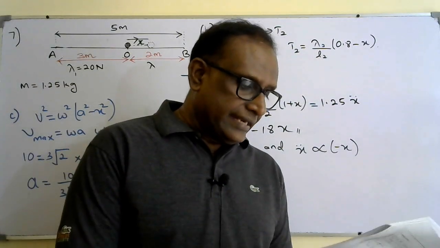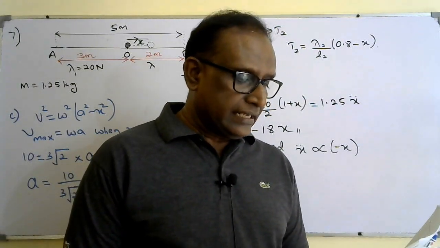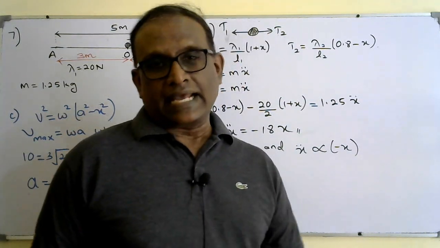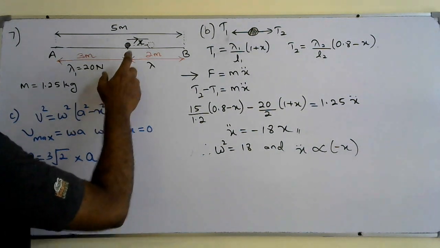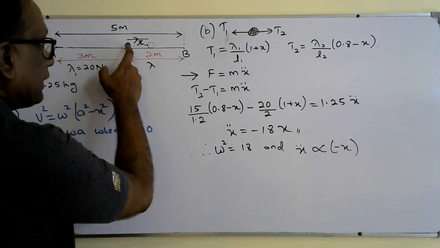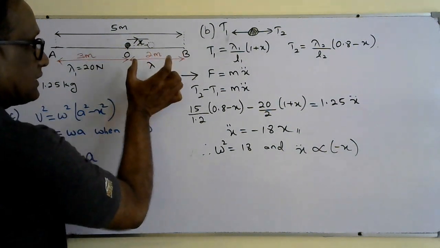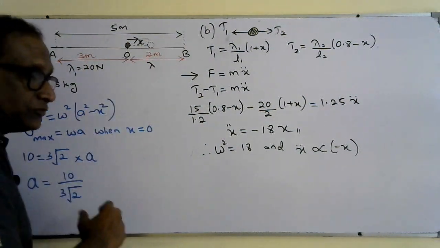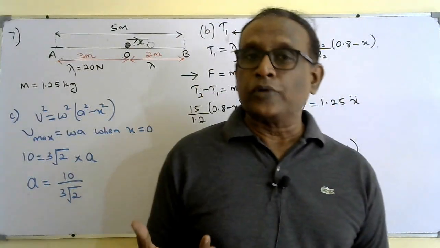Now the question is find the speed of P at the instant when the string PB becomes slack. PB becomes slack means the particle should move towards the right such that the string PB, or OB, slackens. We know that its extension is 0.8 meters.